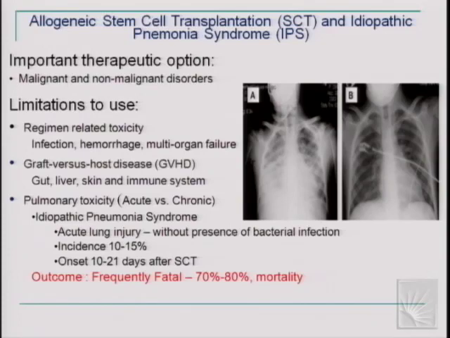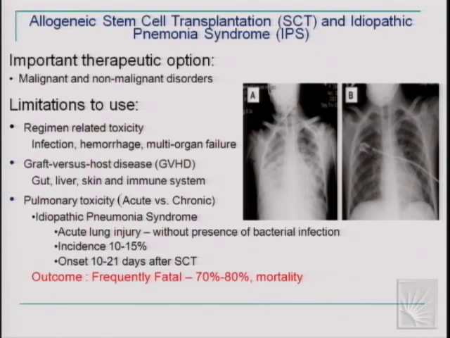For the first example, I'm going to highlight a recent clinical study that we've completed, looking at idiopathic pneumonia syndrome. Idiopathic pneumonia syndrome is a complication of allogeneic stem cell transplantation. And as probably all of you know, stem cell transplantation is an important therapeutic option for both malignant and non-malignant disorders.